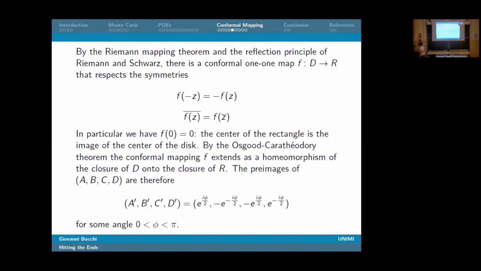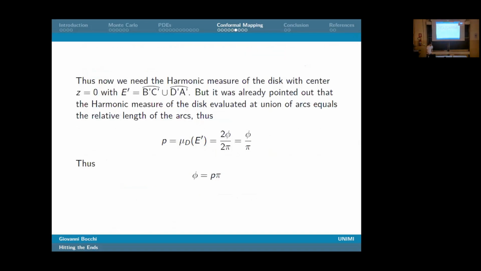And so this angle in particular, we don't know it yet, but it's between 0 and pi.